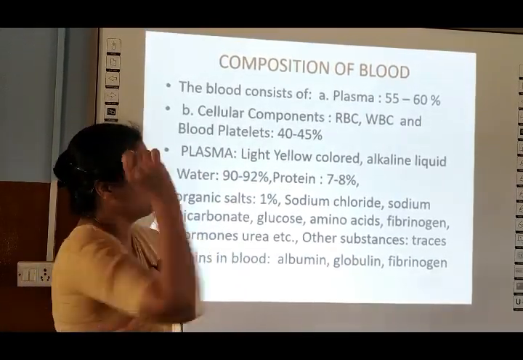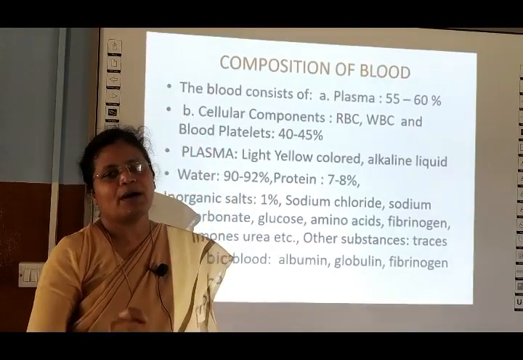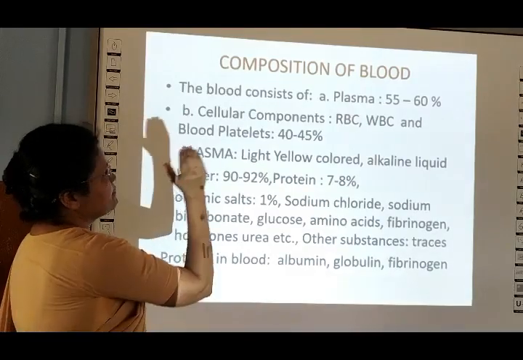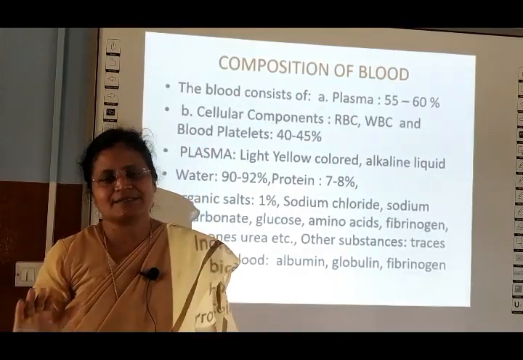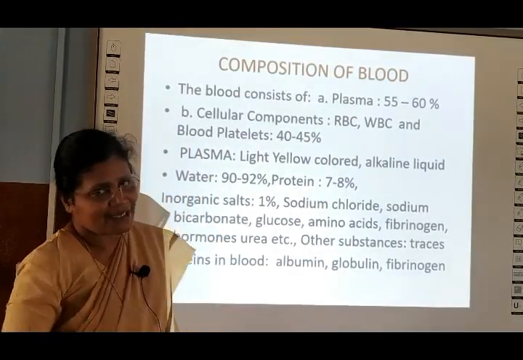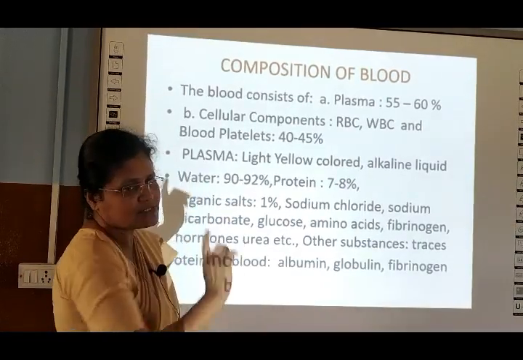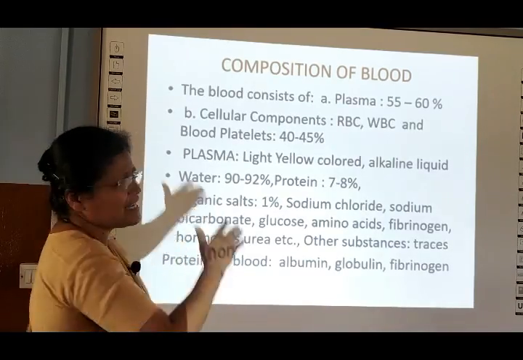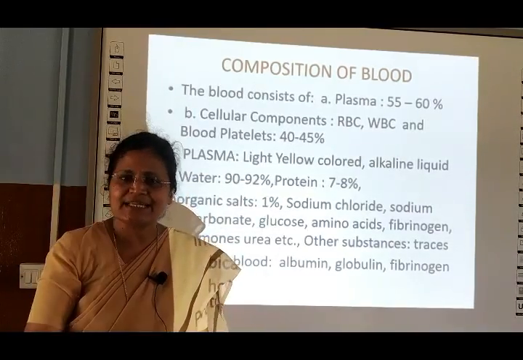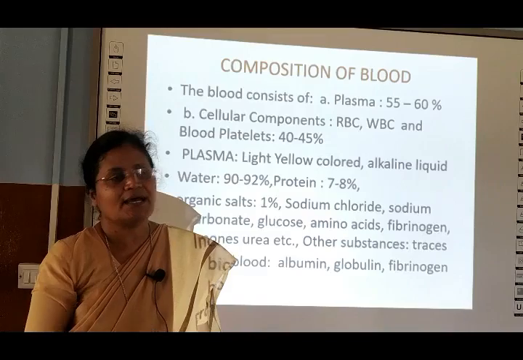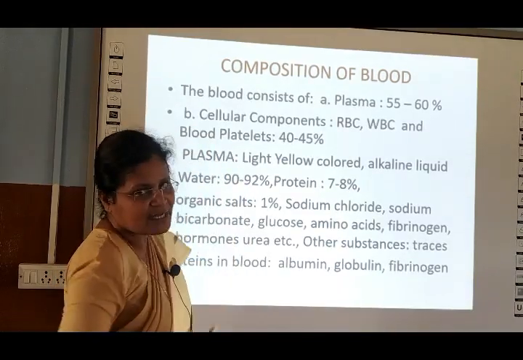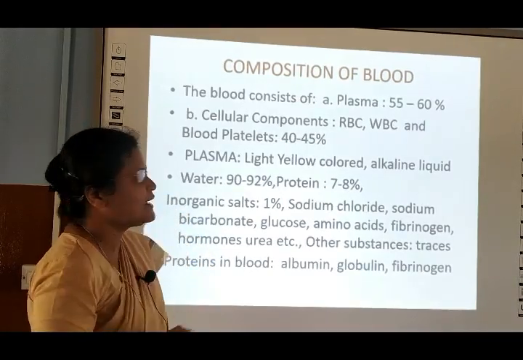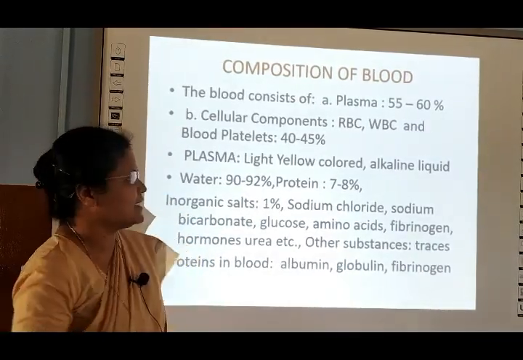It makes your plasma plus cellular component collectively called your fluid connective tissue. If it is plasma alone, it cannot be considered a tissue, and blood cells cannot survive without the fluid because they need a medium to be interconnected. So these cells which are floating independently inside the blood are connected with one another by a medium called plasma, which is a fluid or liquid, and that's why blood is called liquid connective tissue or fluid connective tissue.